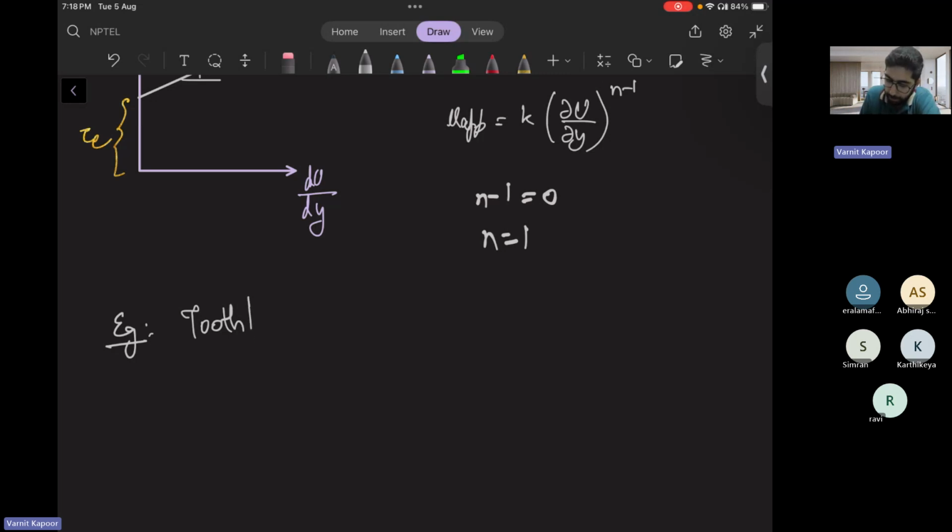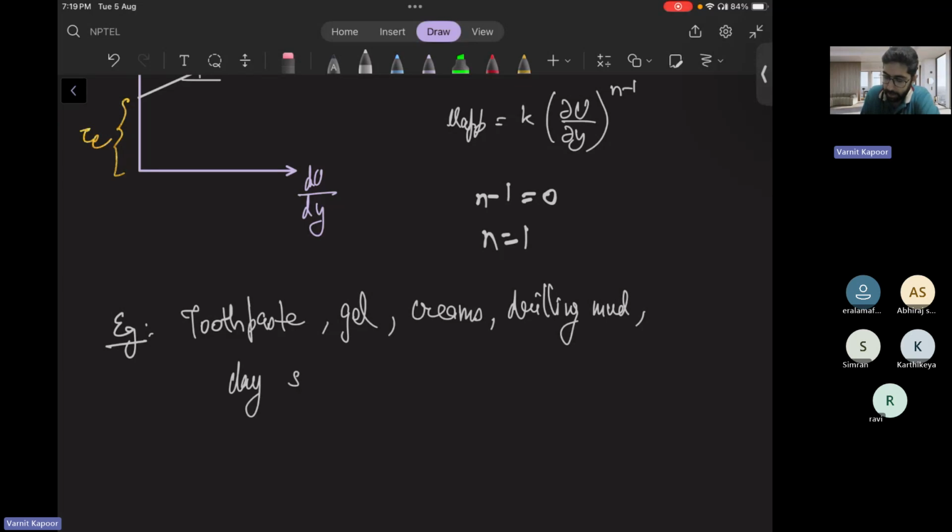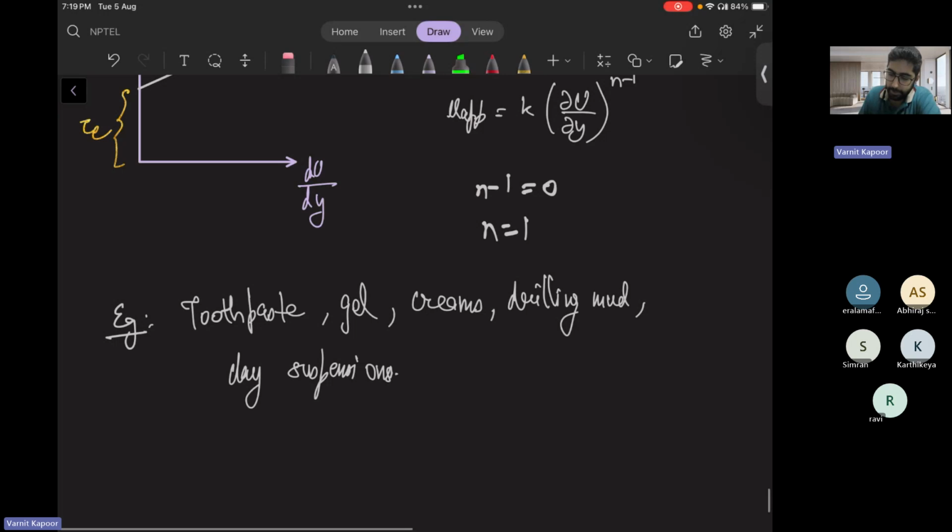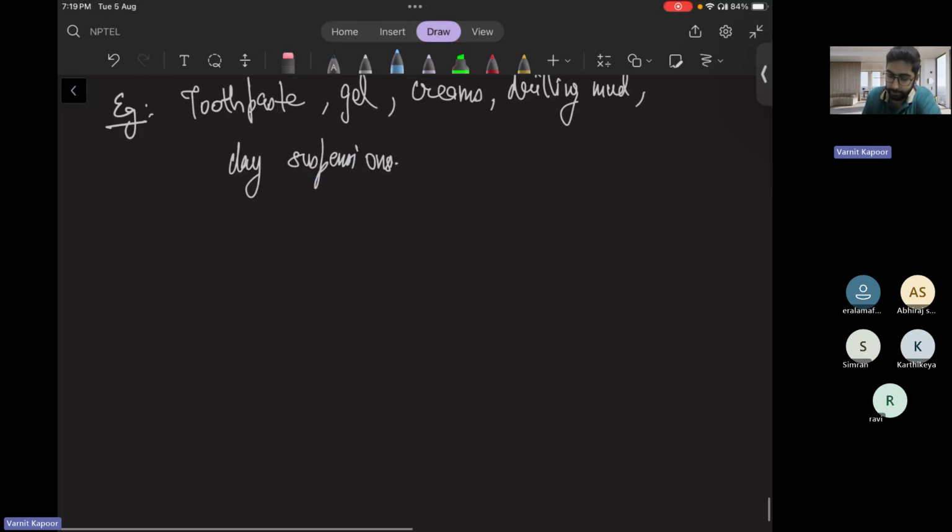So toothpaste, and when you do your brushing, it becomes like water. Toothpaste, gels, creams, or you can say drilling mud or clay suspensions. Next is thixotropics.